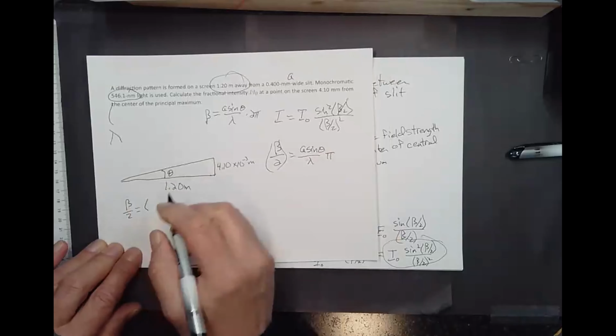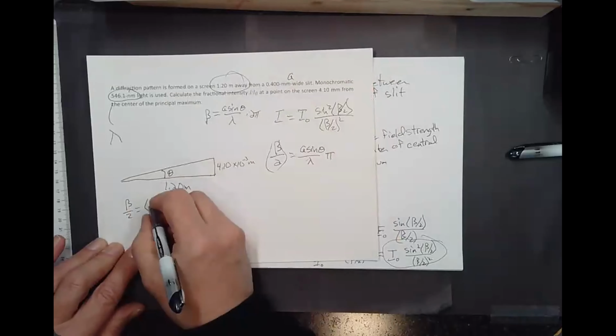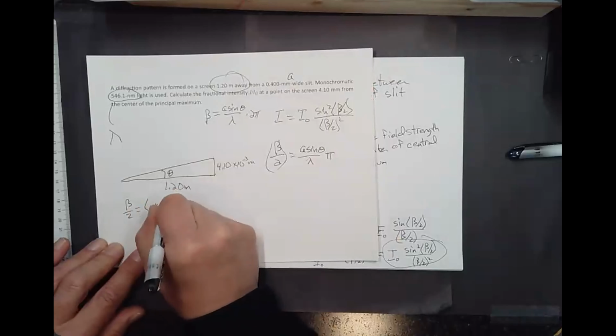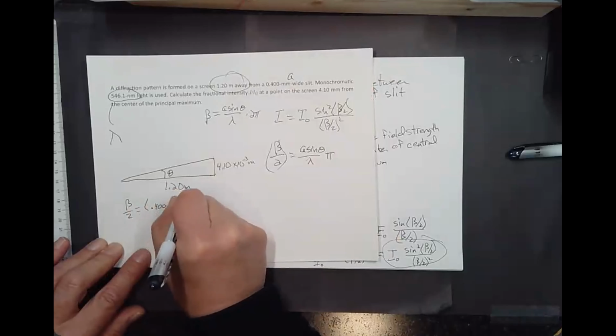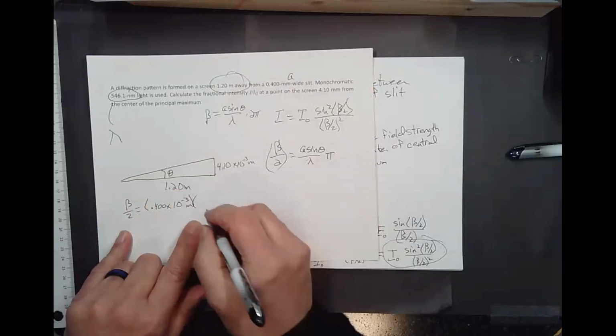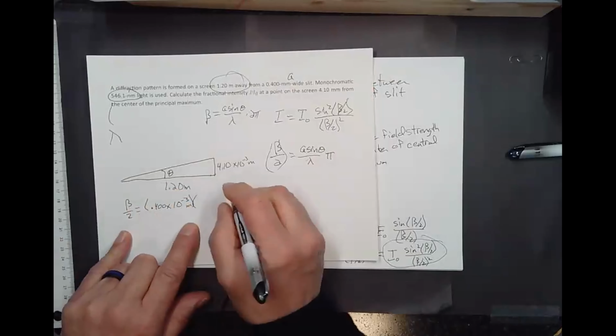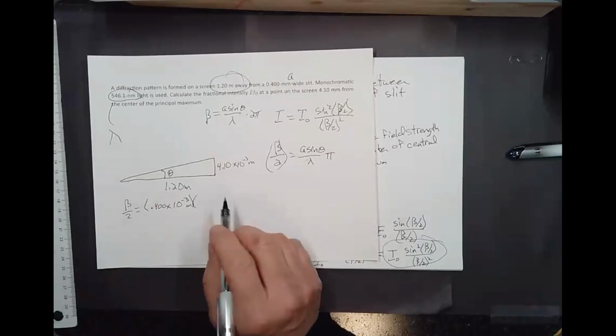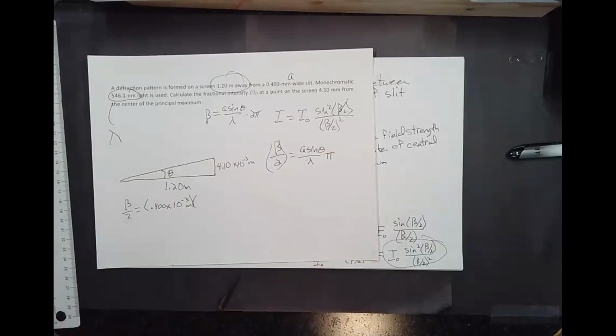It's going to be a is 0.400 times 10 to the minus third meters times the sine of, well, let's check out the tangent of this angle and see if the sine of theta is going to be equal to it.